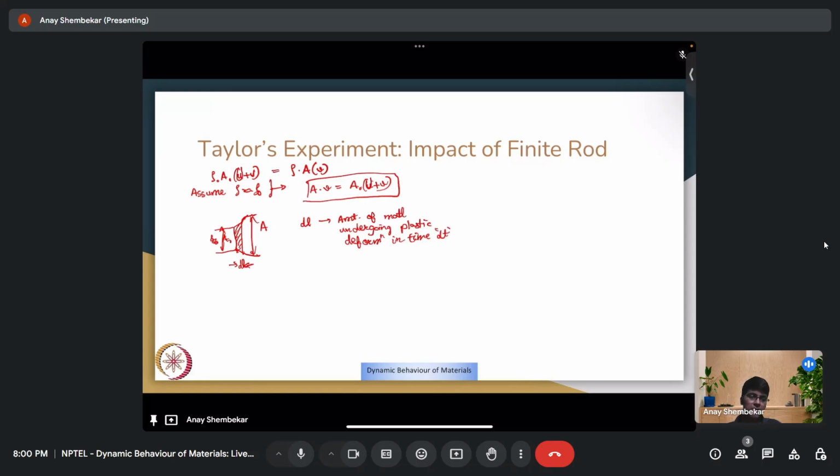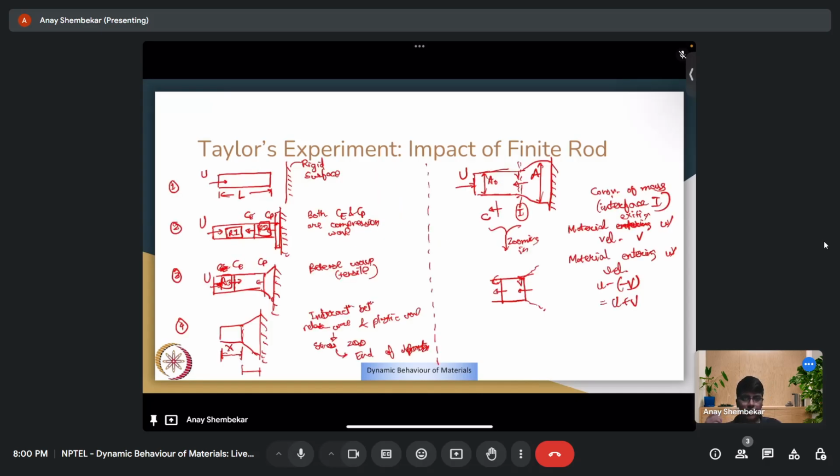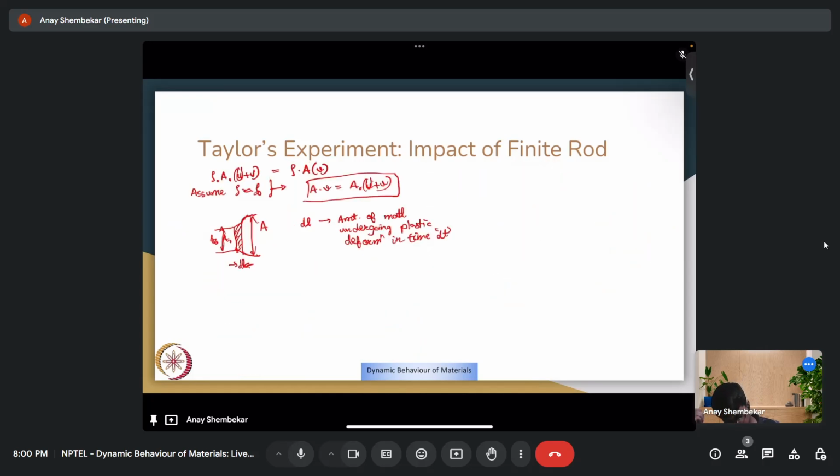So this is basically the material that will cross the interface I from the left hand side, which gives us dl will be u plus v times dt. And the mass can be written as rho naught A naught dl. So dl is entering from the left hand side. We will take the area according to that. So you have rho naught A naught u plus v times dt.